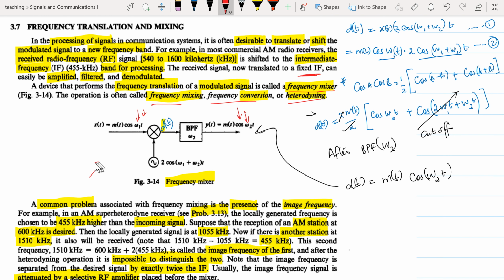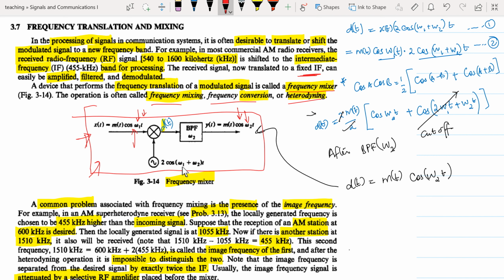And we use this kind of mixer. This is the diagram that describes how we perform the mixing. So this is our received signal x of t that has a carrier frequency omega 1 of t.